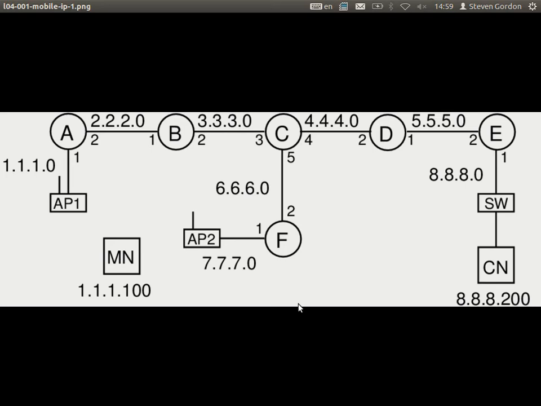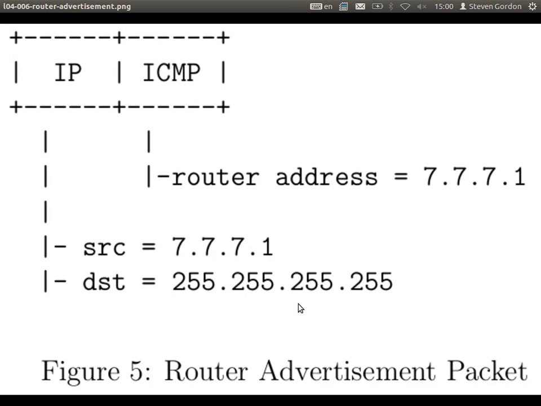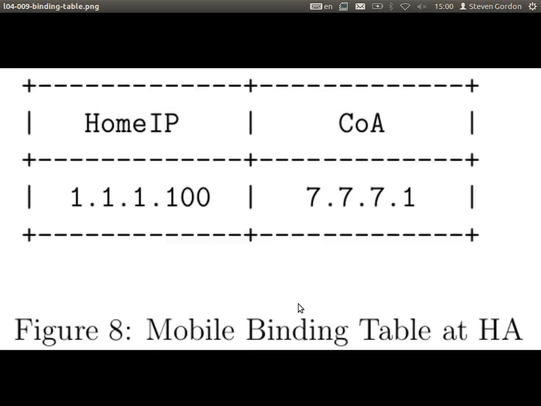Normally, when we receive a datagram as a router, we look up the routing table to determine where to send it. Here we have a special case. We've received a datagram, and because it's a home agent, it checks its mobility binding table, which is one of these diagrams. This is the mobility binding table at the home agent, which is router A in this case.